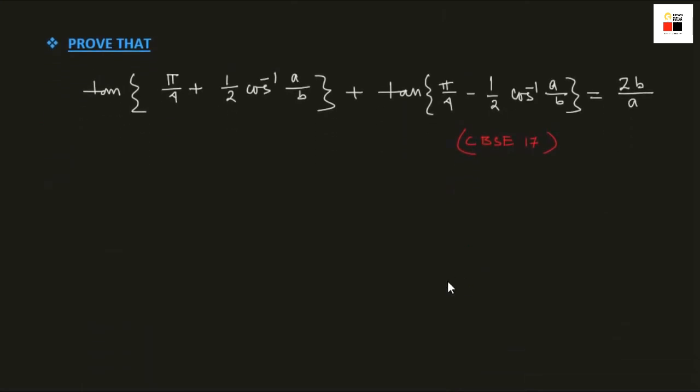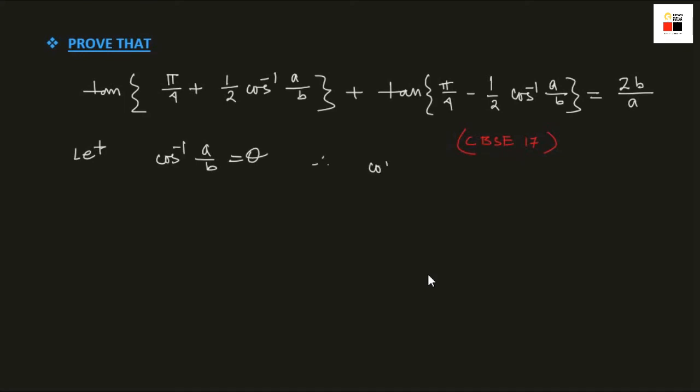Next problem is tan of something plus tan of something equals to 2b by a. We have to prove this. For this problem, let cos inverse a by b equals to theta.